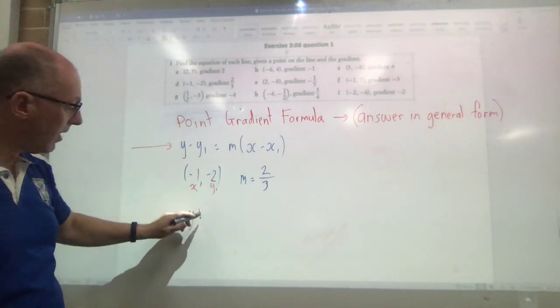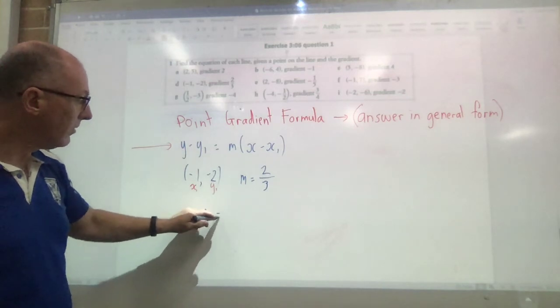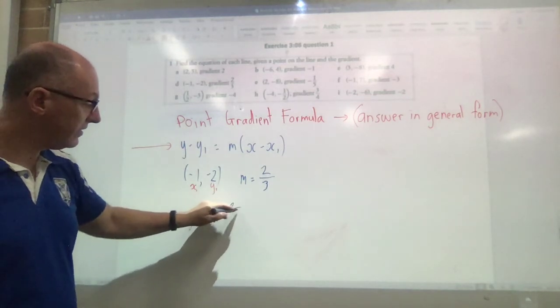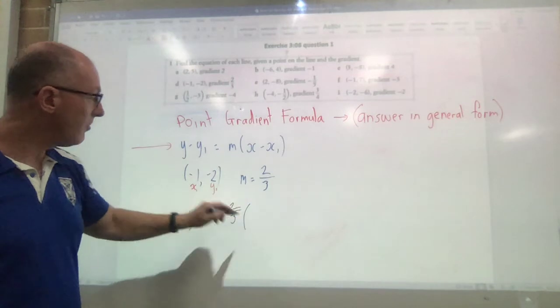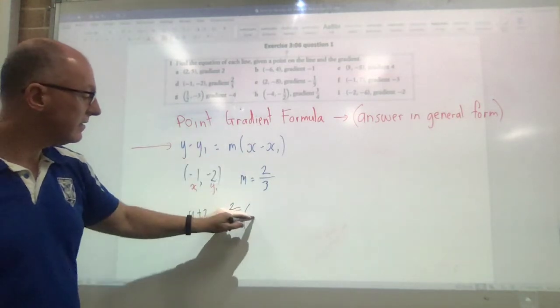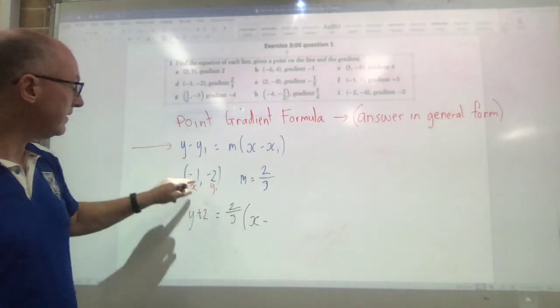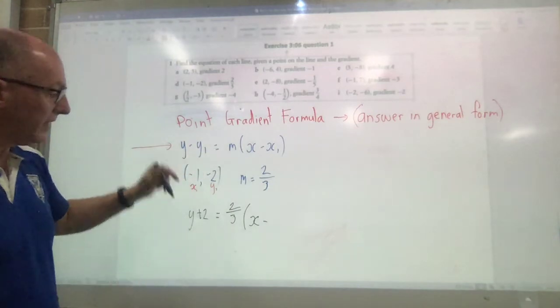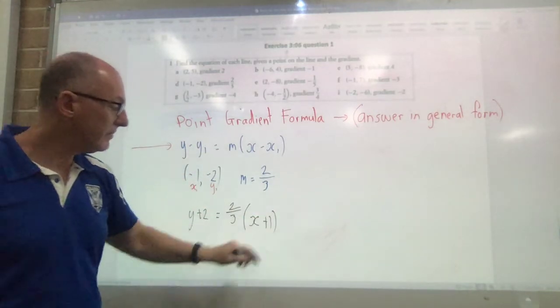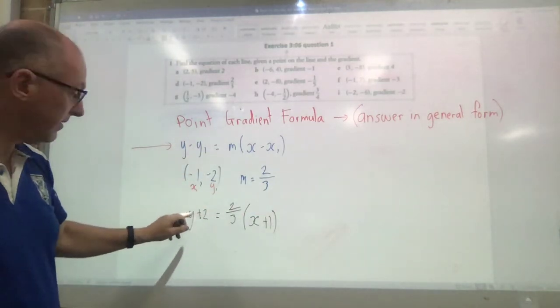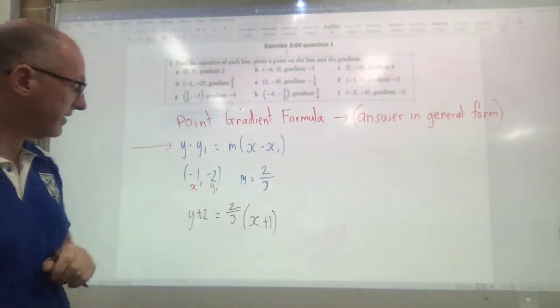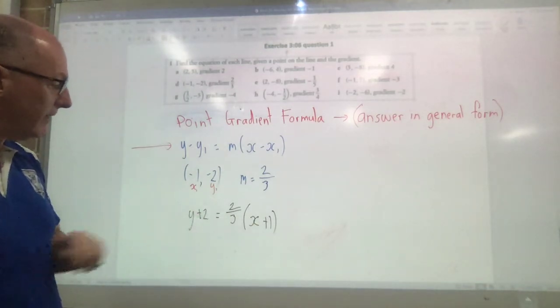So that's the same as y plus 2 equals m, which is 2/3, open bracket, x minus minus 1. So that's the same as plus 1. A bit confusing with the minus, but it makes a plus.